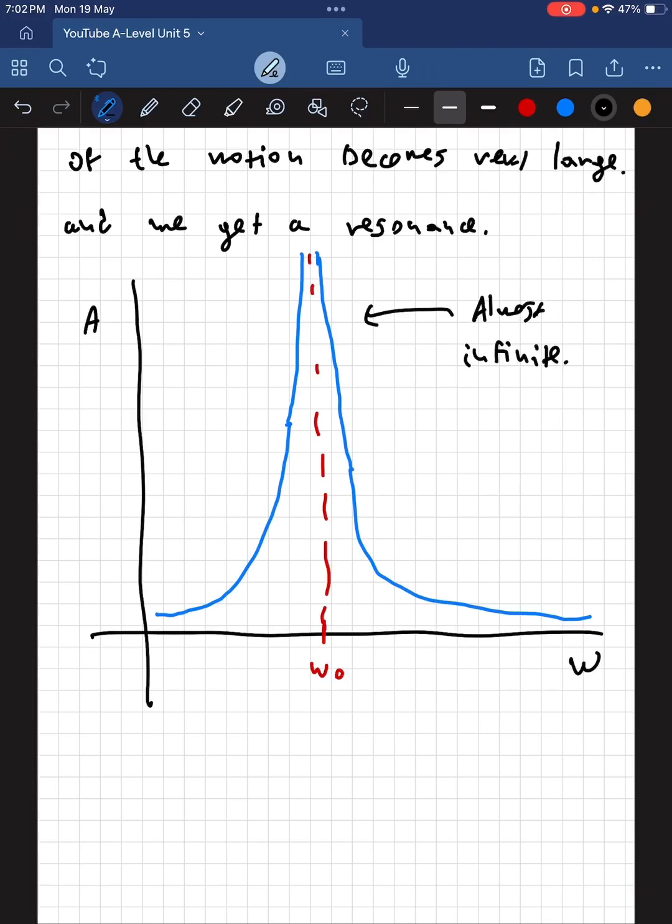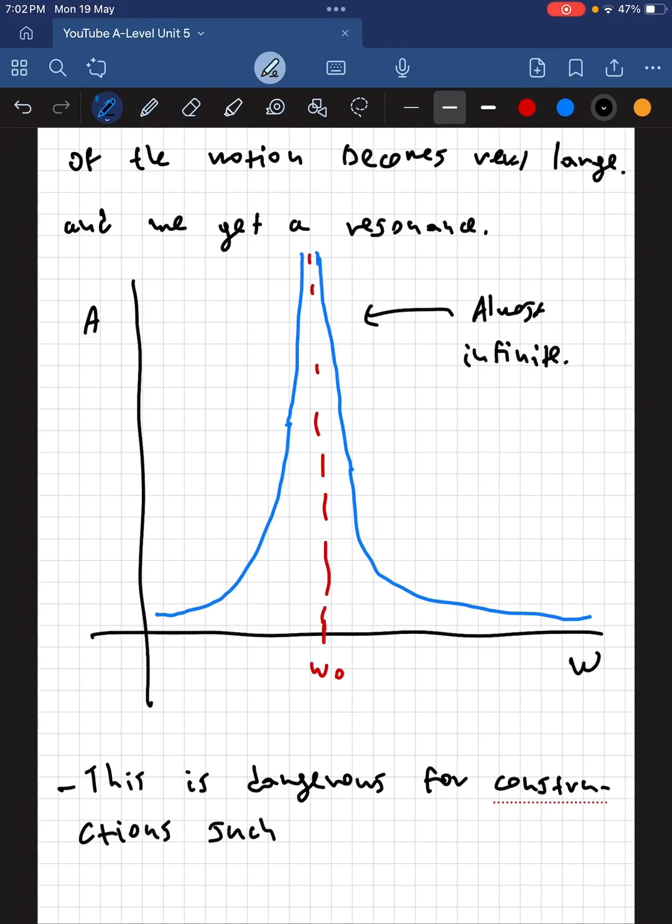Okay, so I'm going to write this down. This is dangerous for constructions such as buildings, bridges, etc., as they might collapse.